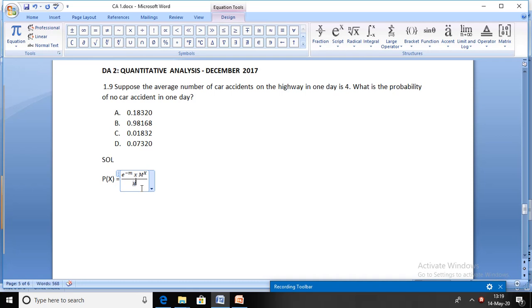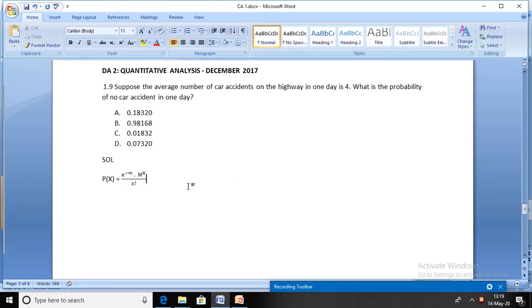That one looks like x, but it's a multiplication sign, so let's use the dot to create a distinction. So exponential to the power negative mean multiplied by mean to the power x divided by x factorial.